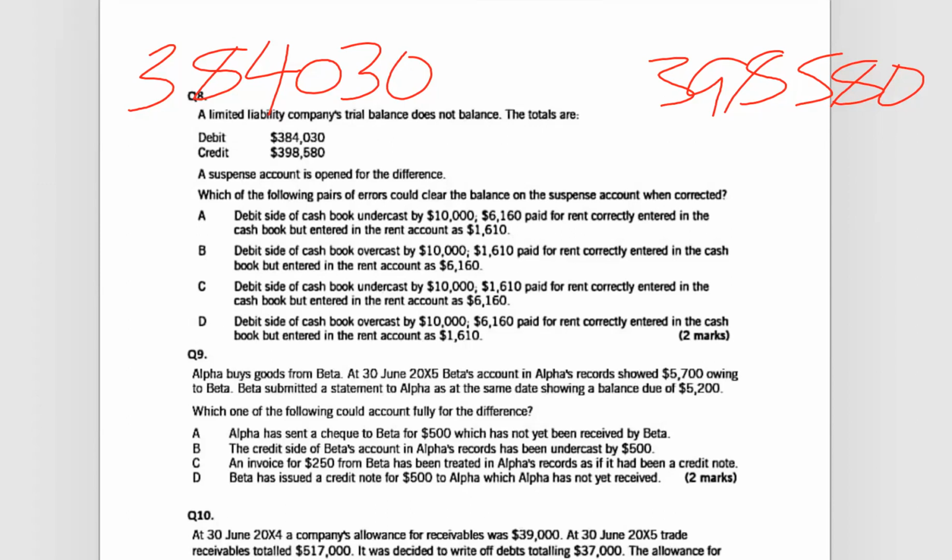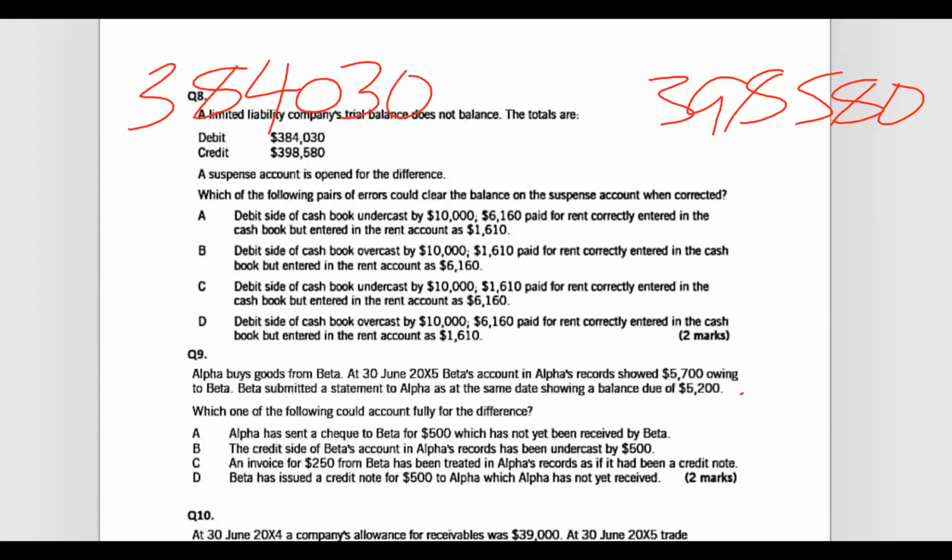Okay. Let's start with number 1. Let's see number 1, the debit side. They're saying we are trying to solve question number 8.